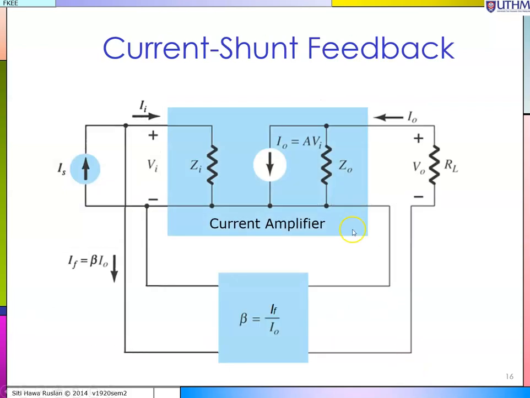Now we employ a current shunt feedback to the current amplifier. So for a current shunt, the first term, current, means that we are taking the current output to be fed to the feedback network. Shunt refers to how we mix it at the input. So we have a source current, part of it goes to the input and another going to the feedback network.